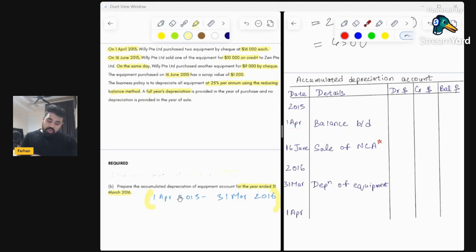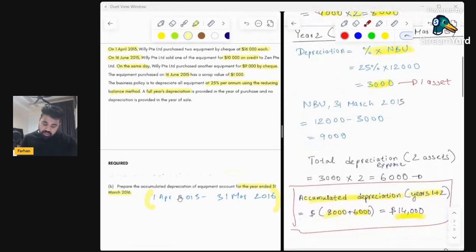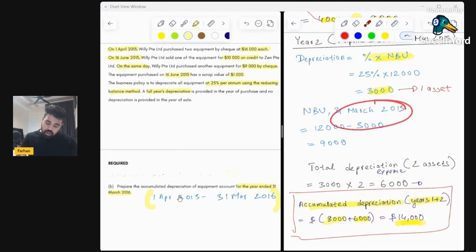And if you refer back to our workings, you will see that at the end of year 2, which is 31 March 2015, we found out the accumulated depreciation for 2 of those assets combined, which was the aggregate depreciation for years 1 and 2 combined, and that was $14,000. This $14,000, which we have as the accumulated depreciation at 31 March 2015, will be carried forward as the opening balance on 1 April 2015.